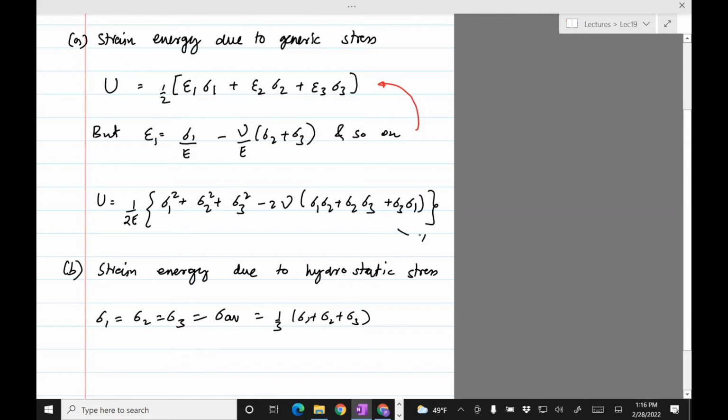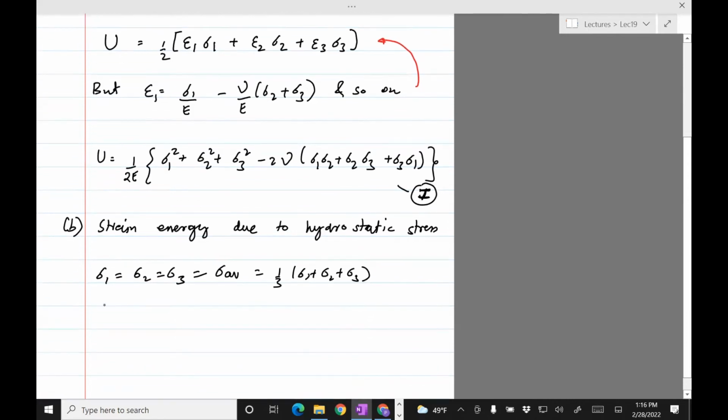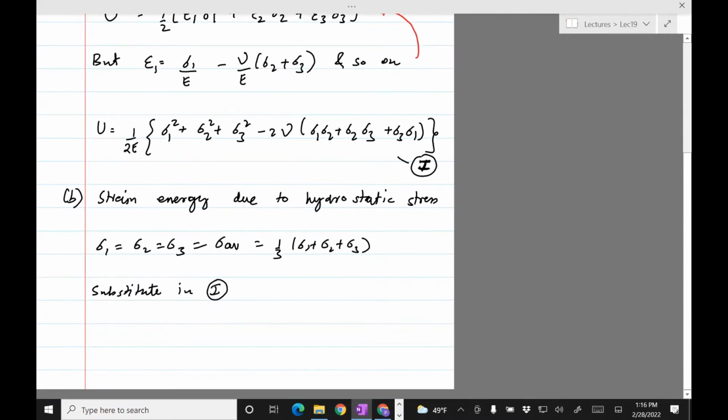Let's call the first expression 1. Substitute in 1, and so we can compute the formula for U. Let me call that UA. Then we can subtract it conveniently. This is going to be UB. You just need to substitute that value in 1.